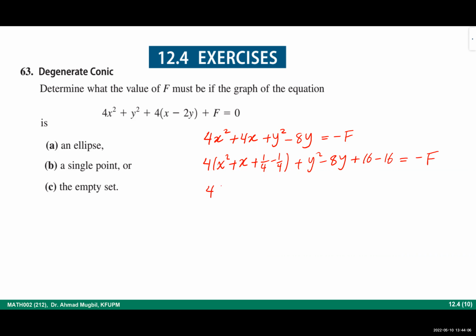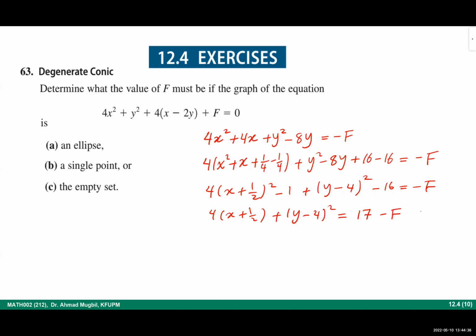So this is 4 times x plus a half all squared, minus 4 by 4, it will be minus 1, plus y minus 4 all squared minus 16 equals negative f. This is 4 times x plus a half squared plus y minus 4 all squared equals, this is negative 17, it will be 17 minus f. Now this is the equation that we can stop at.